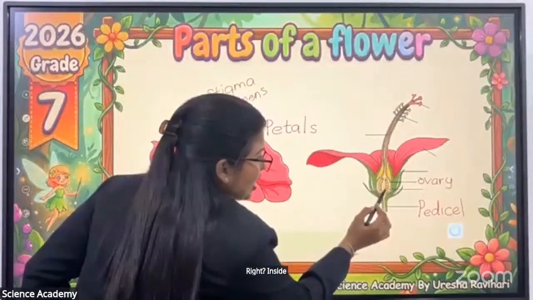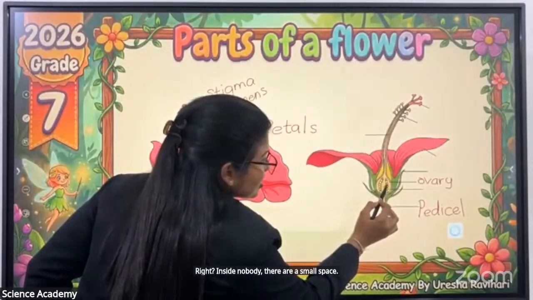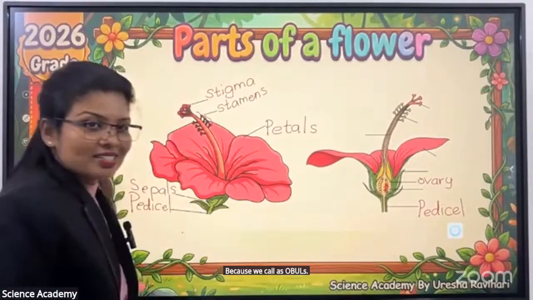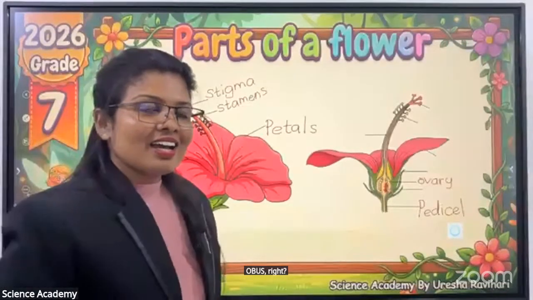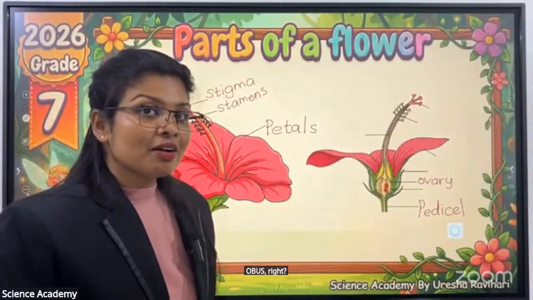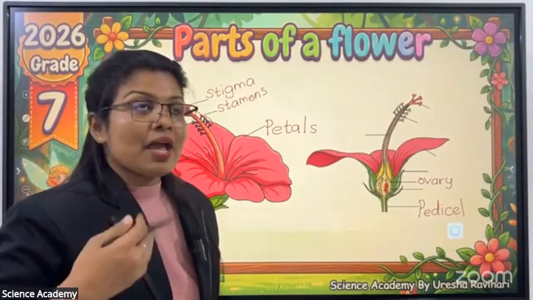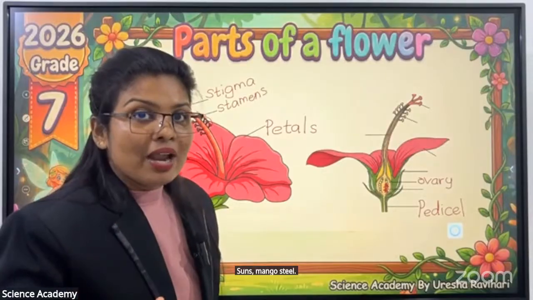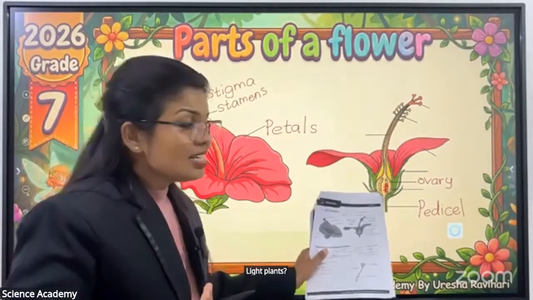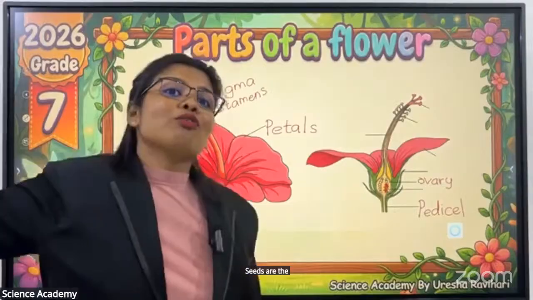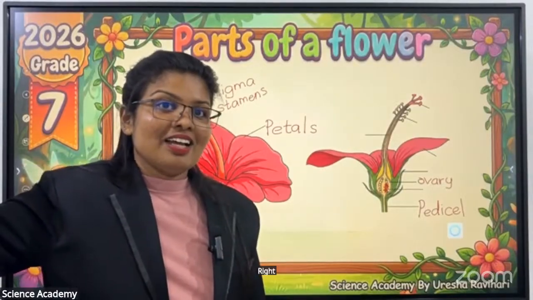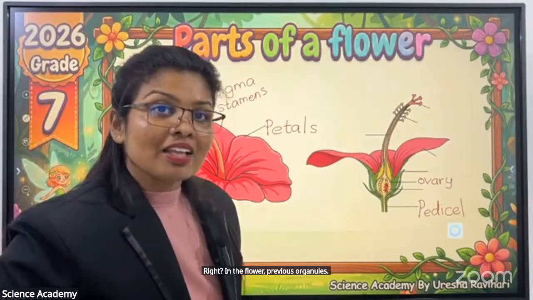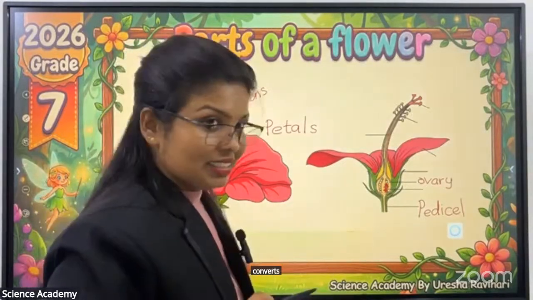Inside the ovary, there are small structures which are called ovules. In fruit forming plants, like mango, rambutan, mangosteen, seeds are the previous ovules, right? In the flower, the previous ovules convert into seeds.